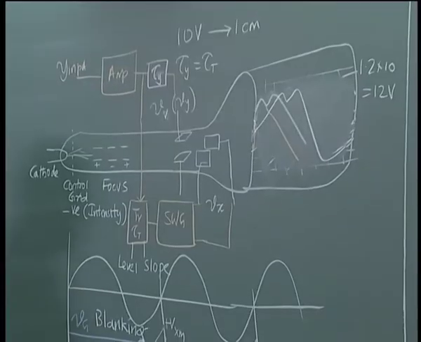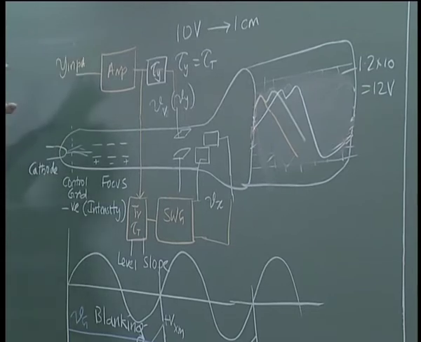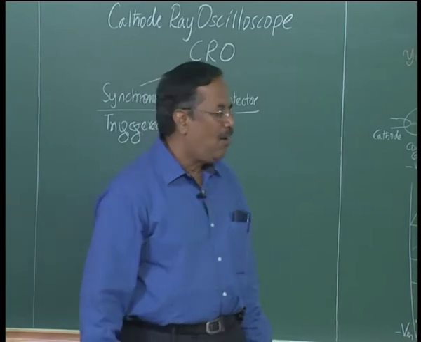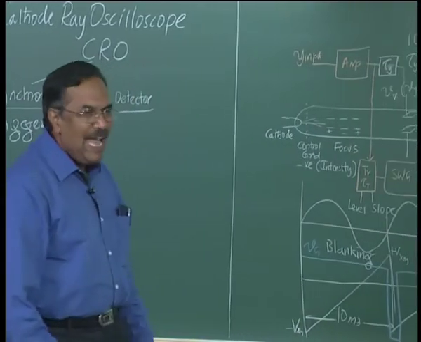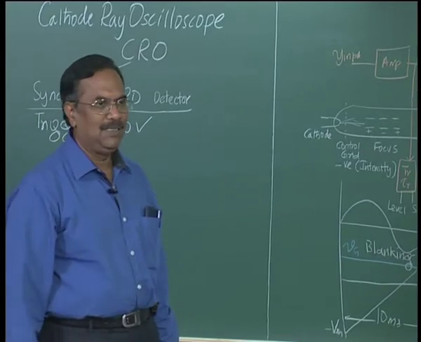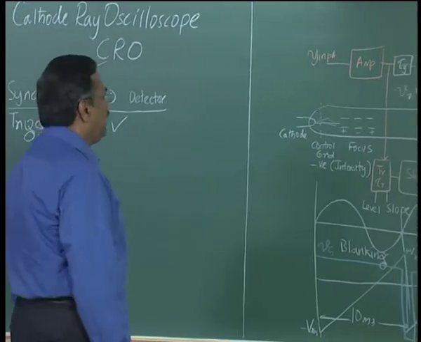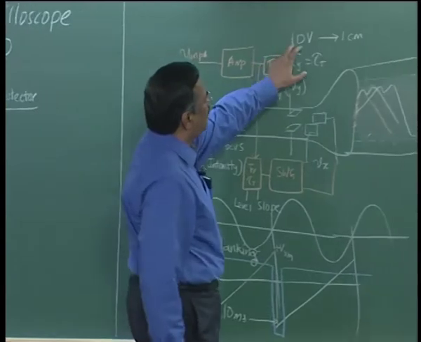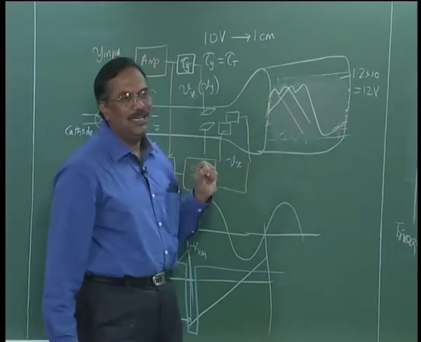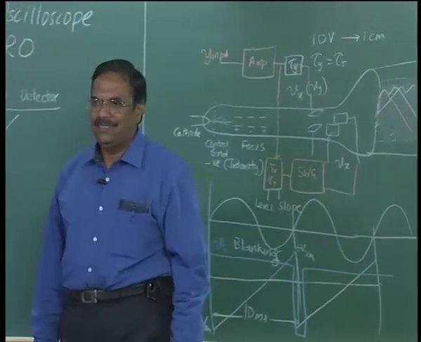So, now we look at the Y input and the X sawtooth. In order to see different types of waveforms, right, the manufacturer would obviously want to give you as much flexibility as possible, right. So, if I put only 10 volt equal to 1 centimeter, I can only see voltages which are in the volts range, right.